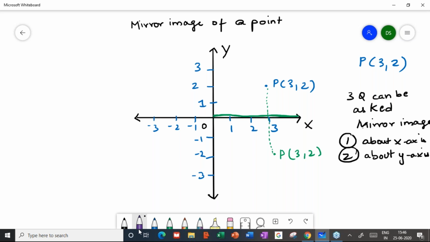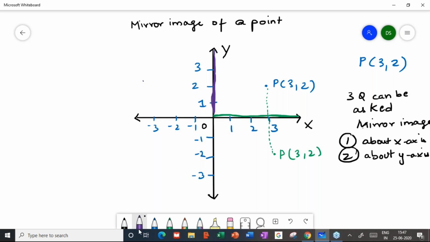Okay, what I'm doing. So y-axis means this. I'm going to mark the axis in purple. So this acts as a mirror, which means this point will be formed here somewhere, right? So where will it be formed? Notice that the numbers will remain the same, only the sign will change.